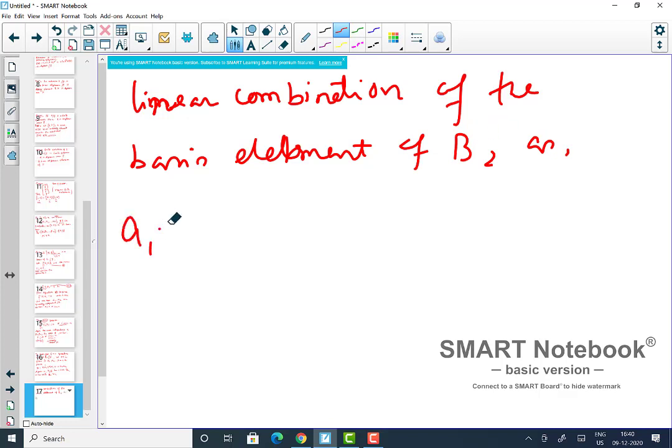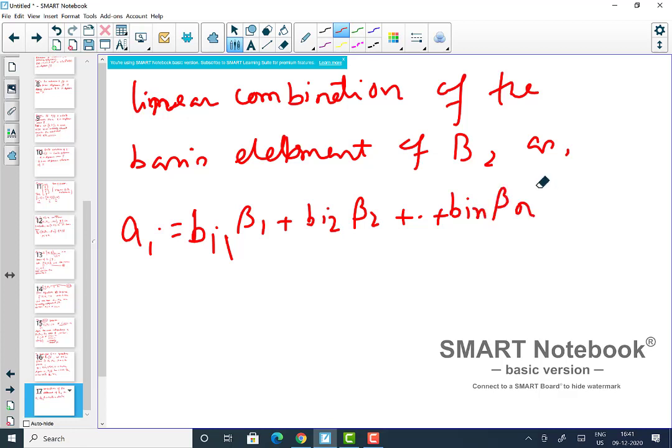So you can write down a_i equal to some basis element, so maybe so i, right? So the first one is i, so something say b_i1 beta 1 and basis, right? So similarly b_i2 beta 2, and so on, b_in beta n. Okay, this i stands for the ith number of this a_ij, and this 1, 2, 3, 4 correspond to this basis element beta 1, beta 2, beta n.